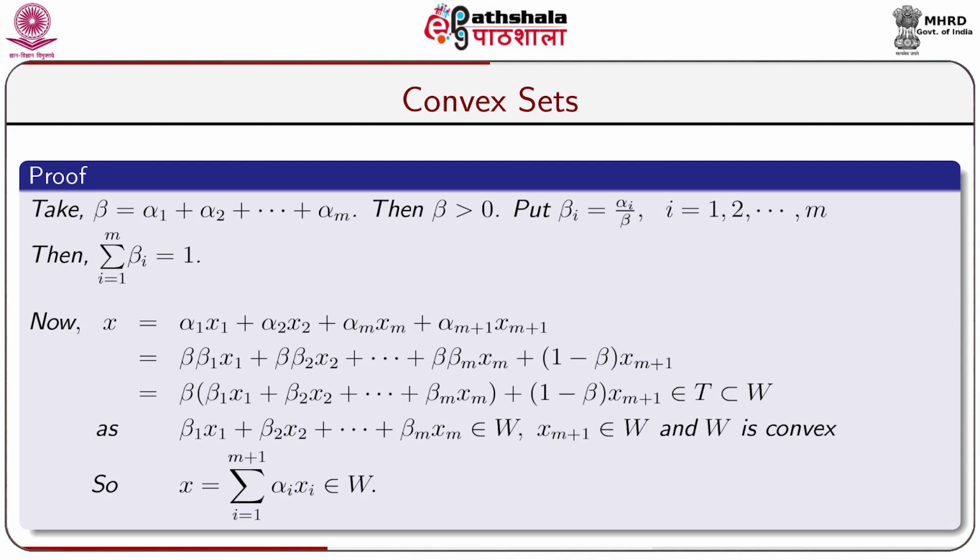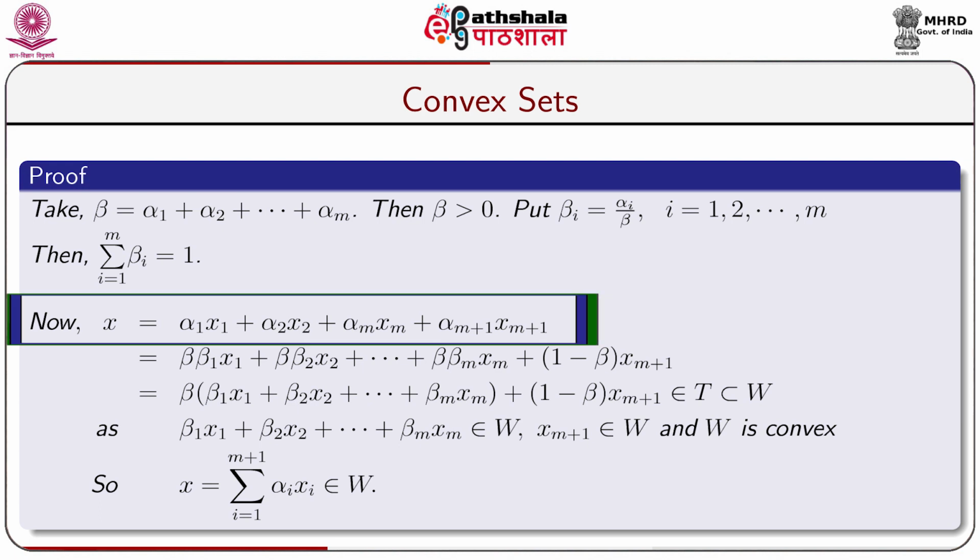Let us take beta equal to alpha 1 plus alpha 2 plus ... plus alpha m, then beta is greater than 0. Put beta i equal to alpha i by beta, and this is meaningful because beta is strictly greater than 0, and i equal to 1 up to m. Then sigma i equal to 1 to m beta i equal to 1.